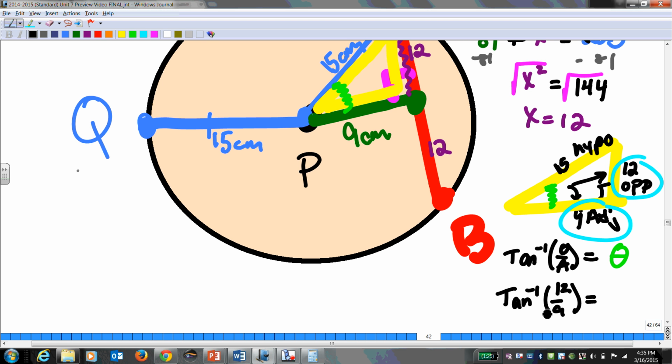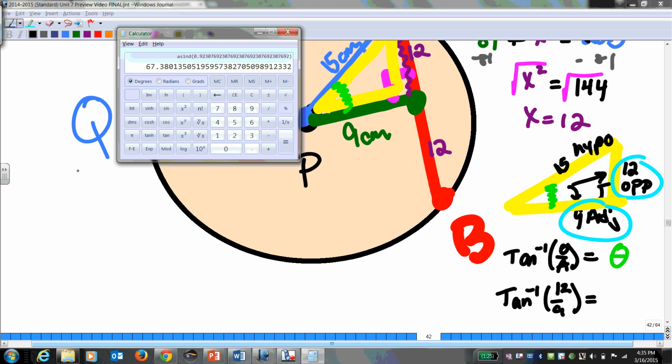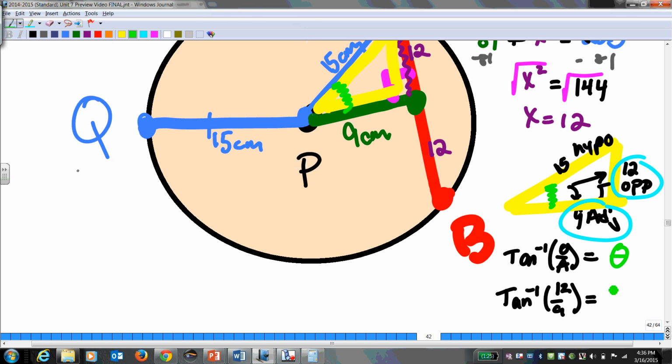Use your own calculator so you know how to do this on your calculator. I'm going to do inverse tan, 12 divided by 9, inverse tangent, and I get approximately 53 degrees.